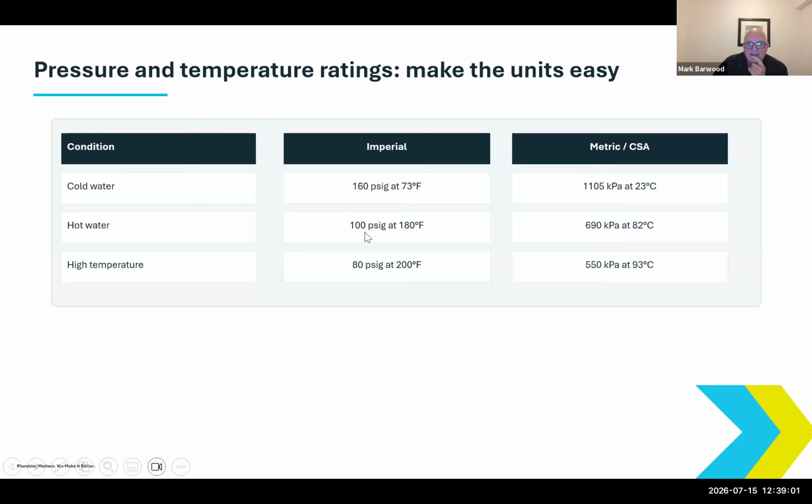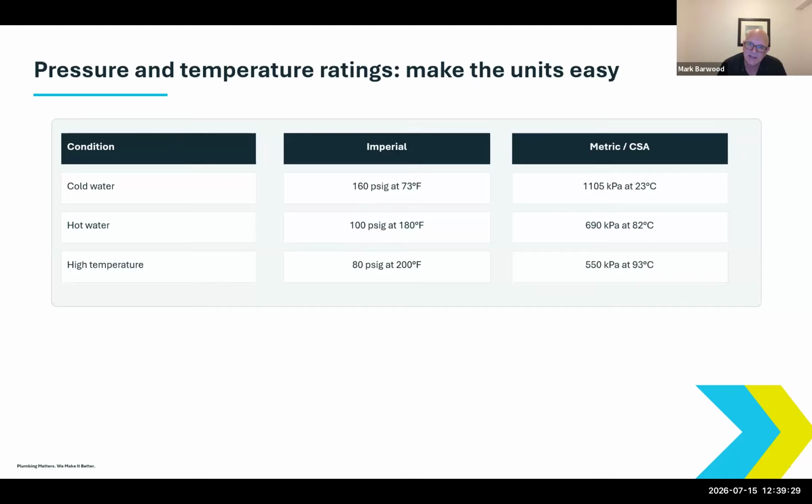Hot water, like I said, as temperature increases, pressure rating will decrease. That is universal for all plastics. On hot water at 180 F, PEX is only rated to 100 psi, so 690 kilopascals at 82 degrees C. That's pretty hot water. Typically, you don't see a boiler firing at more than 160 unless it's a medical application.